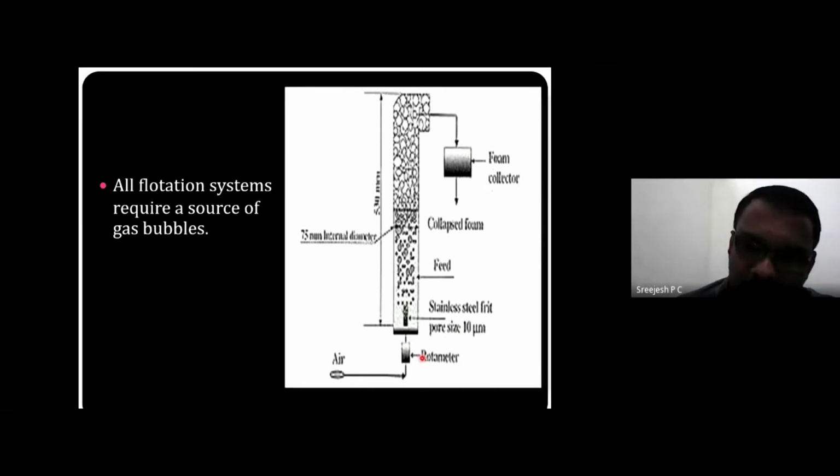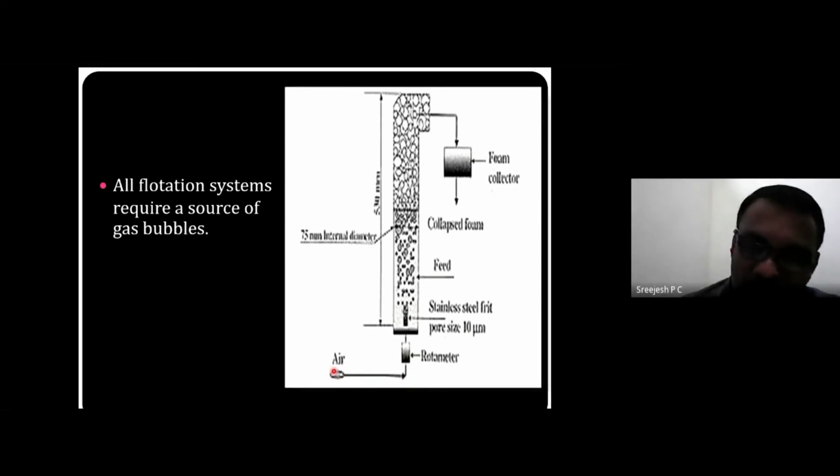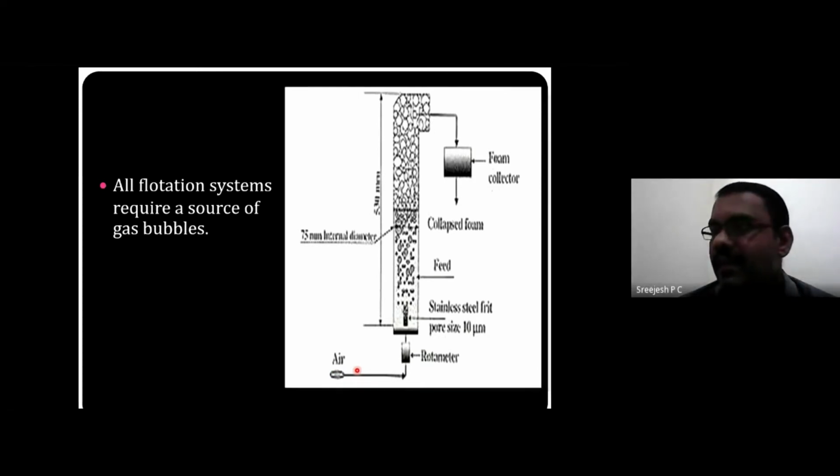And here you can see a rotameter. The rotameter helps to regulate the flow rate. So we will have an air pump, and if you are using atmospheric air, surely you remember atmospheric air will have other particles associated with it. It will have microorganisms also, which will contaminate.